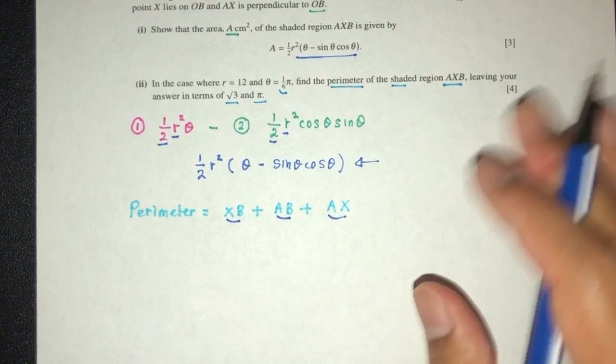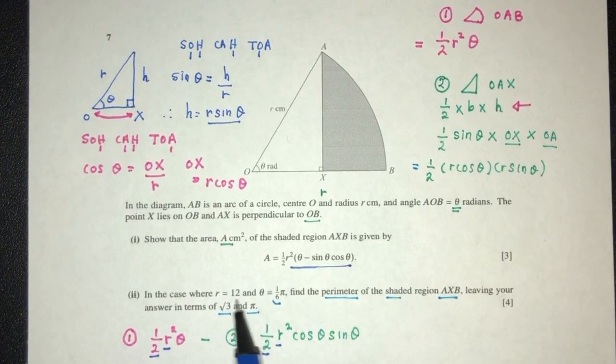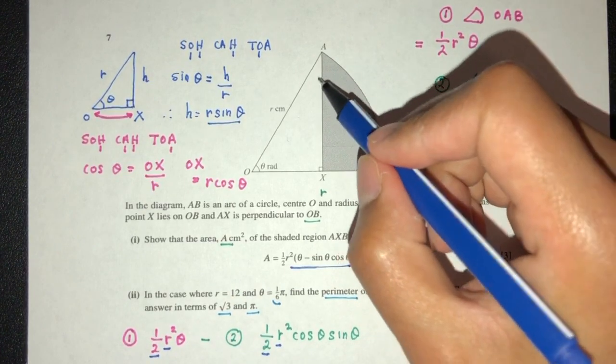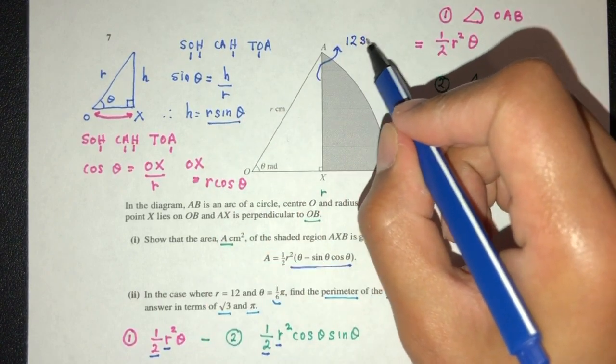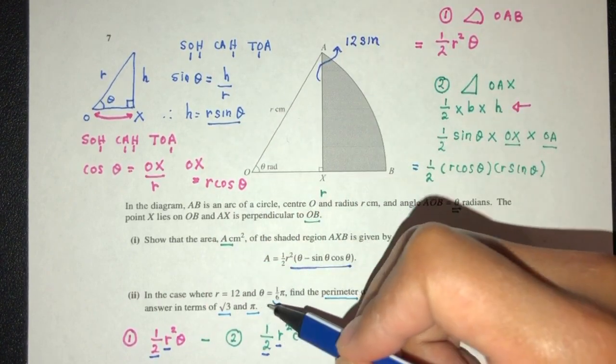Now, what do we know? We know the radius is equal to this, and this is equal to this. So the height, this one, we know r is 12 and sine theta, where theta is 1 over 6 pi.